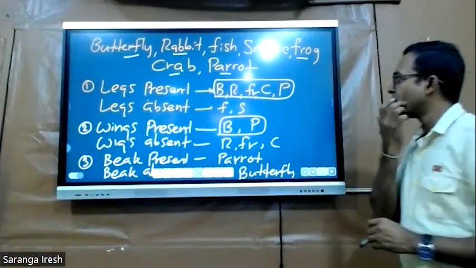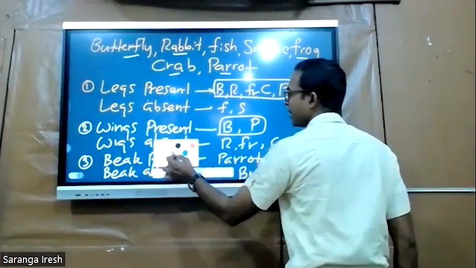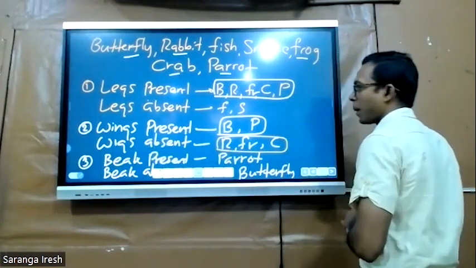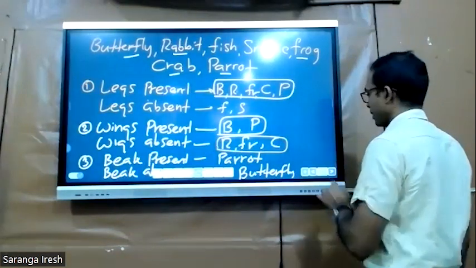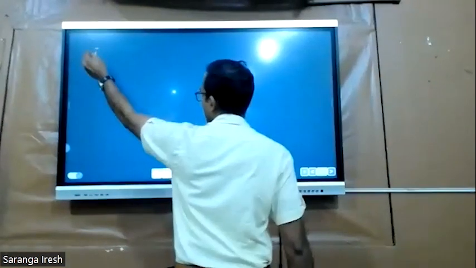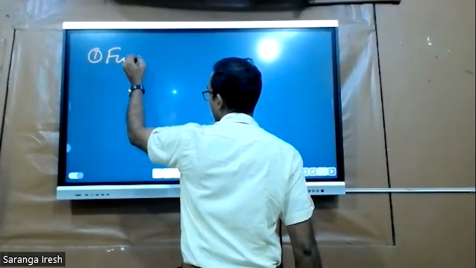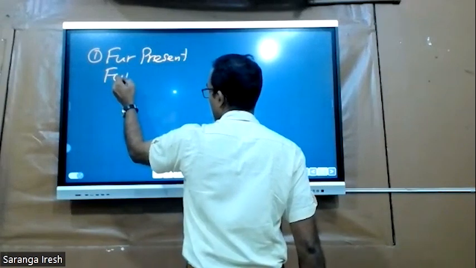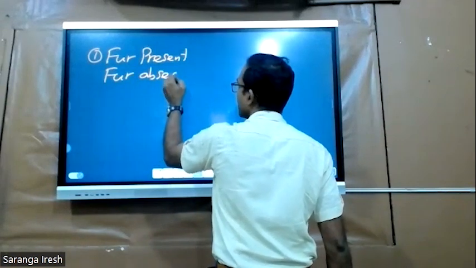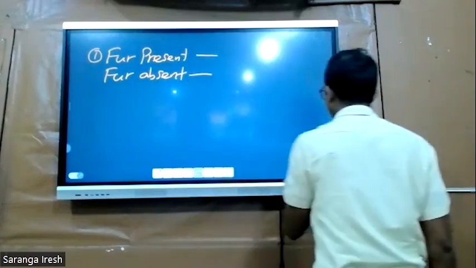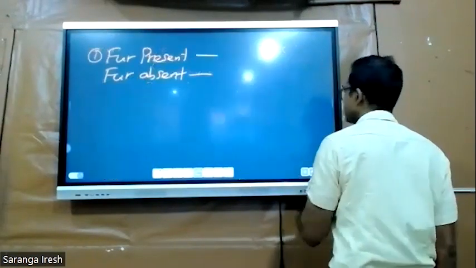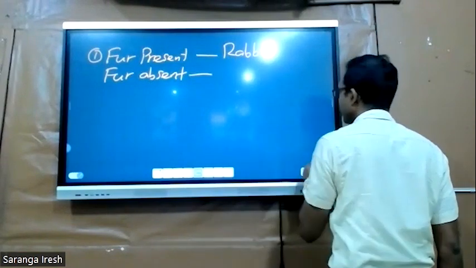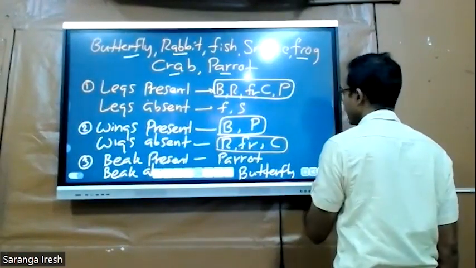Okay. Then I am going to classify these things: rabbit, frog, and crab. Who have fur? The rabbit. And fur absent: frog and crab.